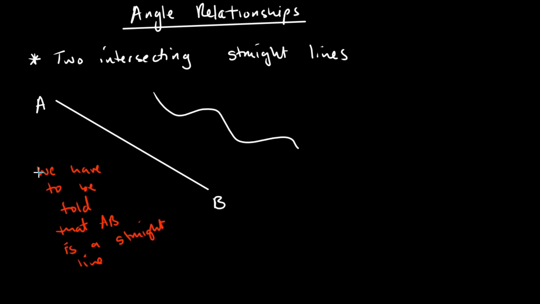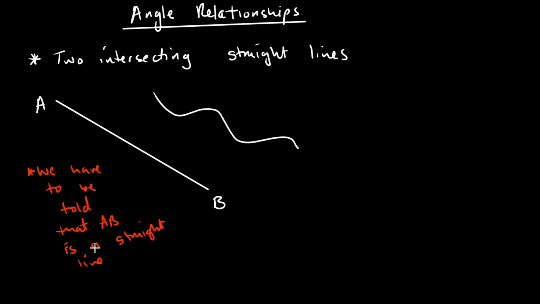It's something very important in maths. We don't just assume that AB is a straight line because our eyes may deceive us. We need to be told that AB is a straight line, or maybe there is some helping information that can help us deduce the fact that AB is a straight line.